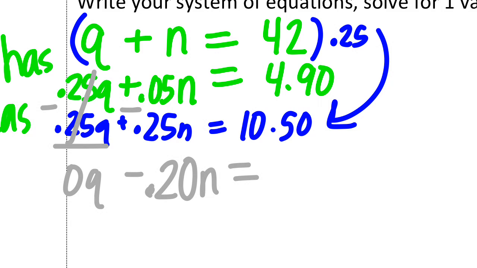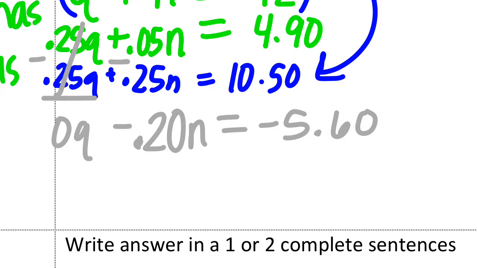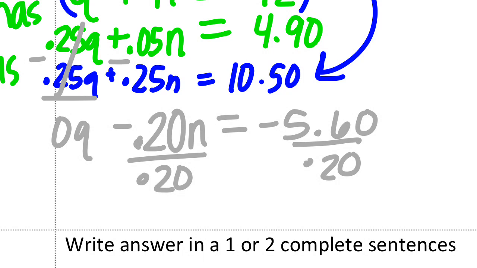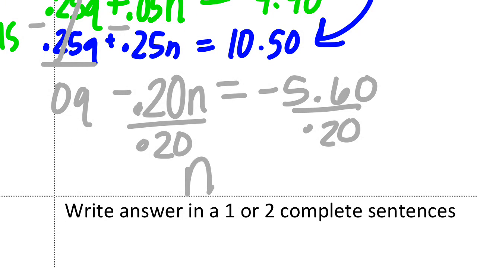And I'm going to do 4.90, take away 10.50. So I know it's going to be negative because I'm taking away more than I have. I'm actually going to get negative $5.60. My last thing to do here would be to divide both sides by 0.20. And this lets me know that I actually have 28 nickels.